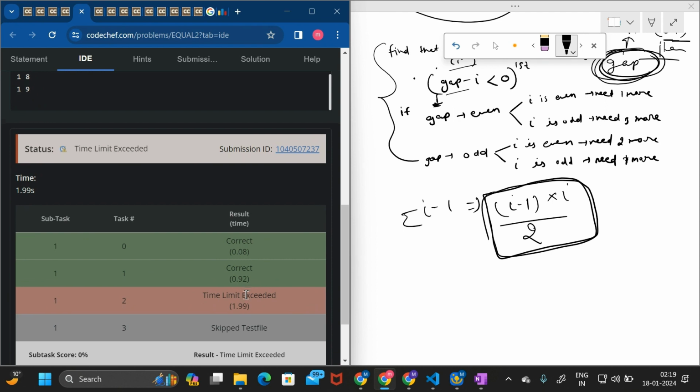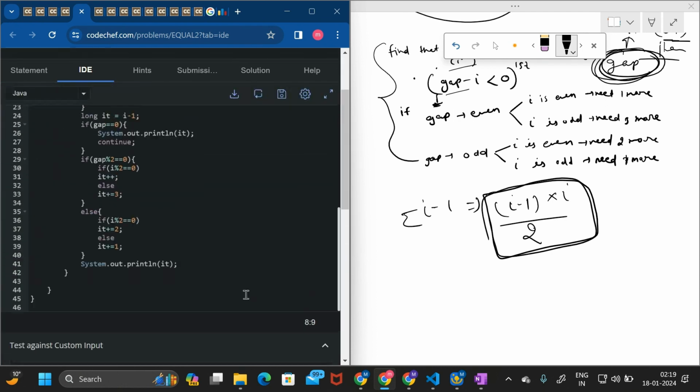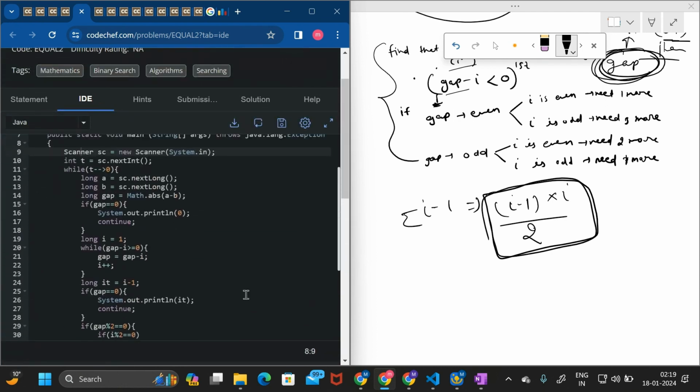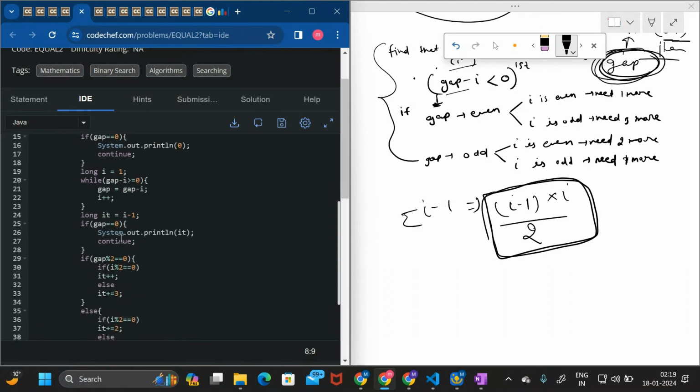It is time limit exceeded, TLE. Okay. So here our time complexity is bigger. We have to reduce this. So what we can do here, we can apply binary search.